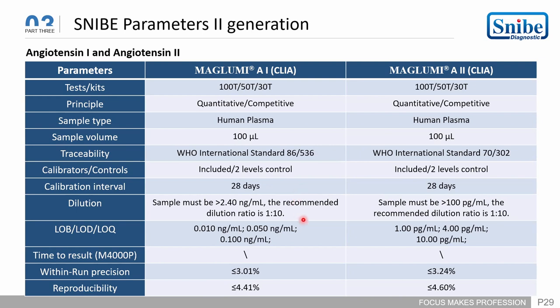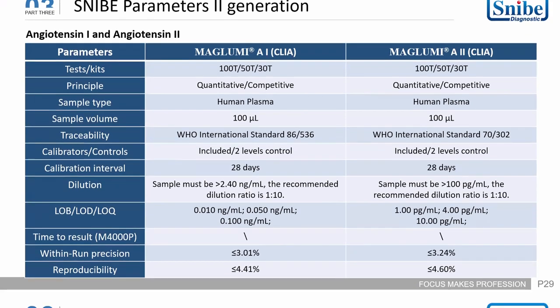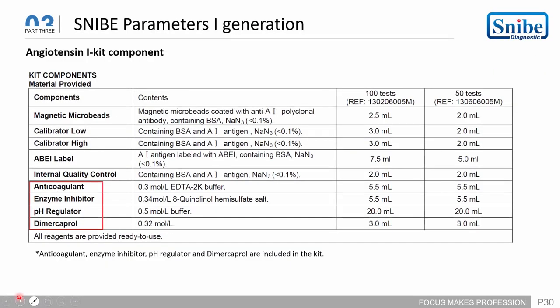Dilution for high samples is also recommended, along with the limit of blank, detection and quantitation. Within-run precision is less than 3%, and less than 3.24% for angiotensin 2 in the second generation assay. So the overall reproducibility is less than 5%, which shows that our second generation assay is better than the first generation assay.